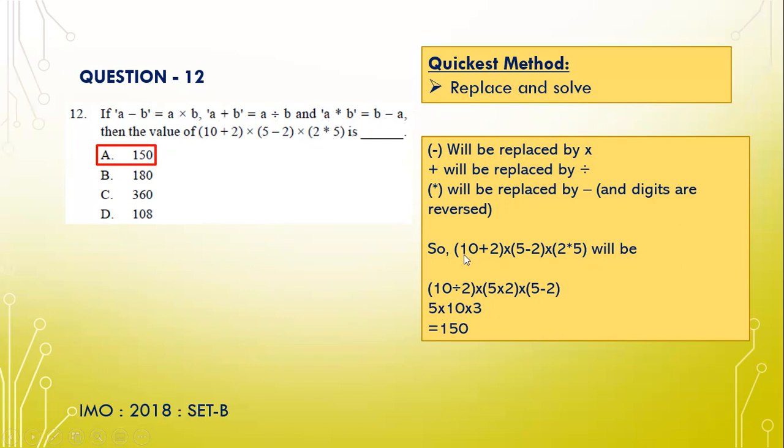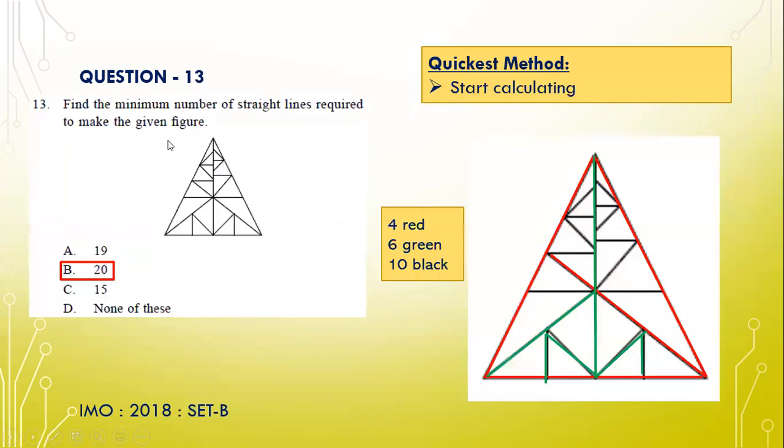So again, 10 plus 2 into 5 minus 2 into 2 star 5 will be, plus will be replaced by division, 10 divided by 2, minus will be replaced by multiplication, into 2 star 5. So 2 star 5 will be replaced by 5 minus 2, isn't it? 5 minus 2. So 10 divided by 2 is 5. 5 into 2 is 10 and 5 minus 2 is 3. 10 into 3 is 30, so 30 is the right answer.